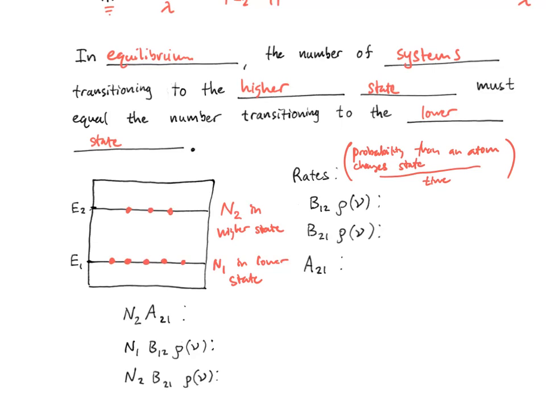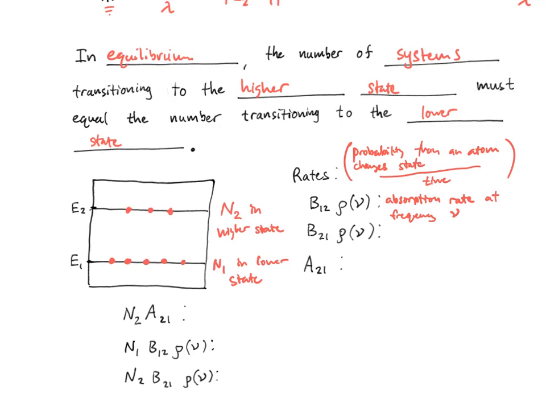And the next three variables existed in Einstein's original paper. This B12 rho nu represents an absorption rate, at a given frequency nu. So this is the rate of transitioning from state 1 to state 2 for a given frequency of light.